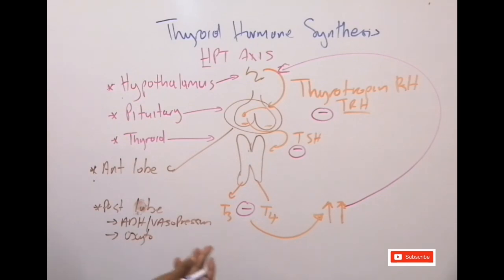ADH is concerned with water balance in the body, and oxytocin is concerned with milk production and uterine contraction in pregnant women and all of that.